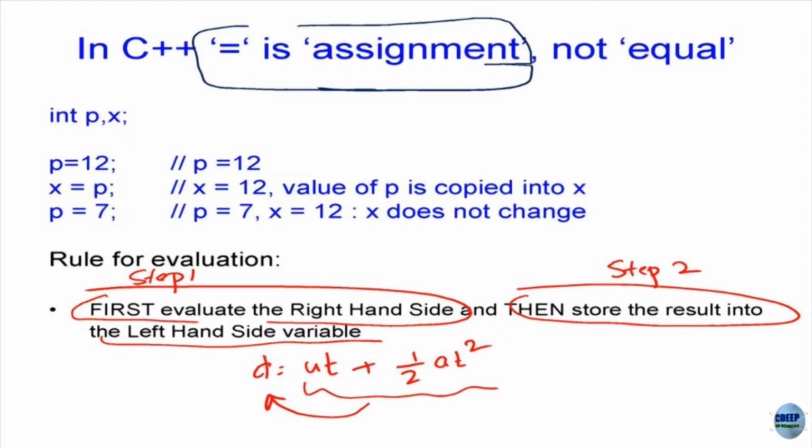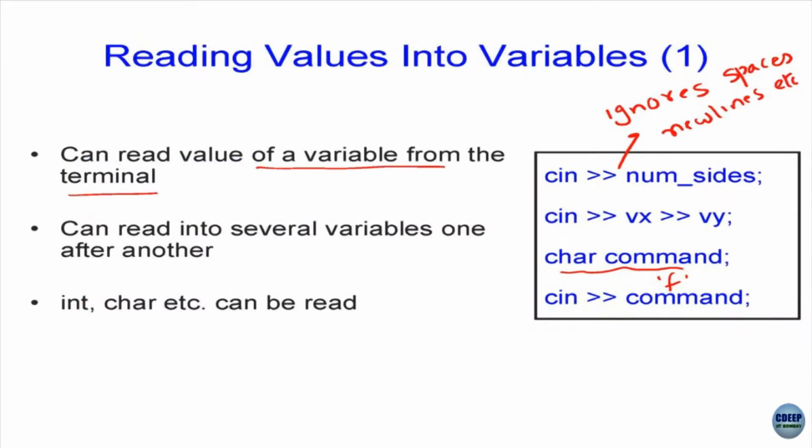First evaluate the right hand side, that is step 1, which I mentioned on the board, and then store the result onto the left hand side variable, which is step 2. So if I say d equals ut plus 1/2 at square, obviously there are operations here.